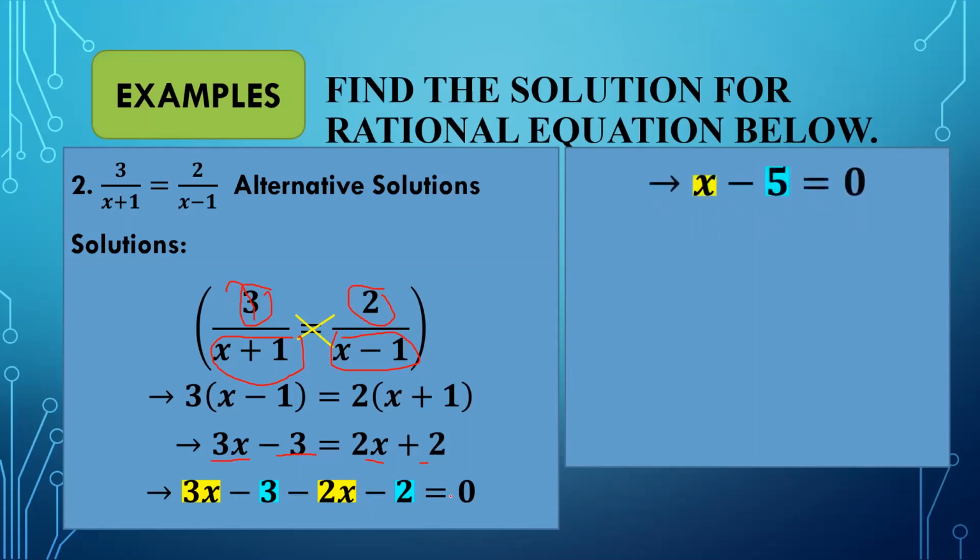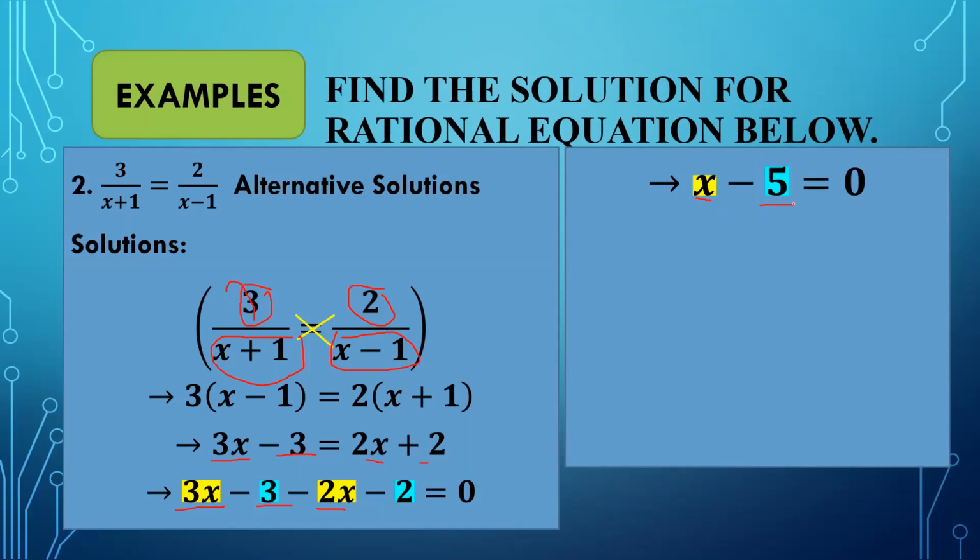So next, we have x minus 5. Again, in the yellow part, 3x minus 2x is equal to x, or 1x. Since it is just 1, we will write x. Then negative 3 minus 2, that is negative 5, equal to 0.